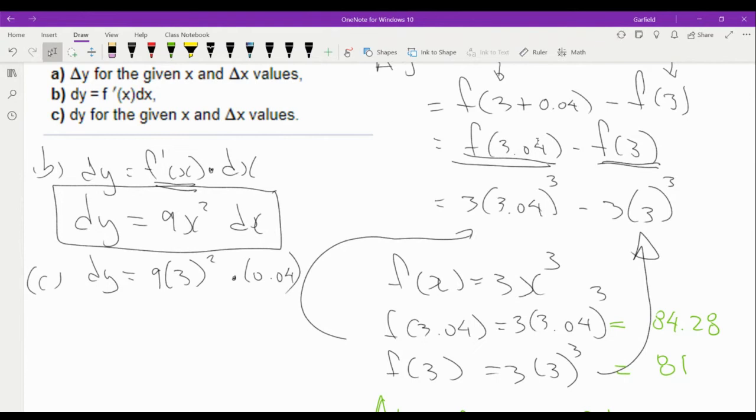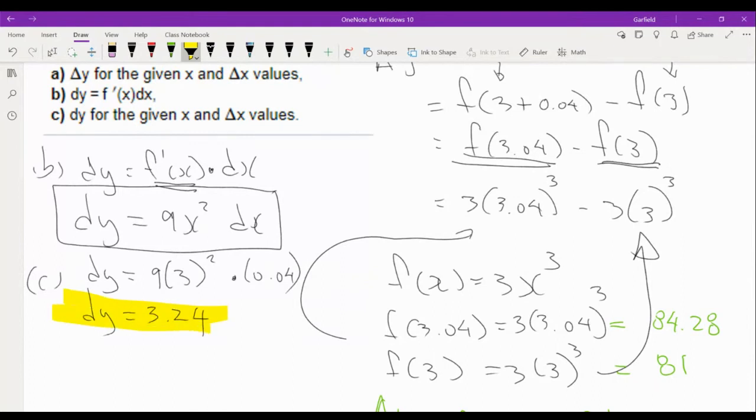What do we get for that? It's 3.24. Did anyone else get 3.24? I got the same.